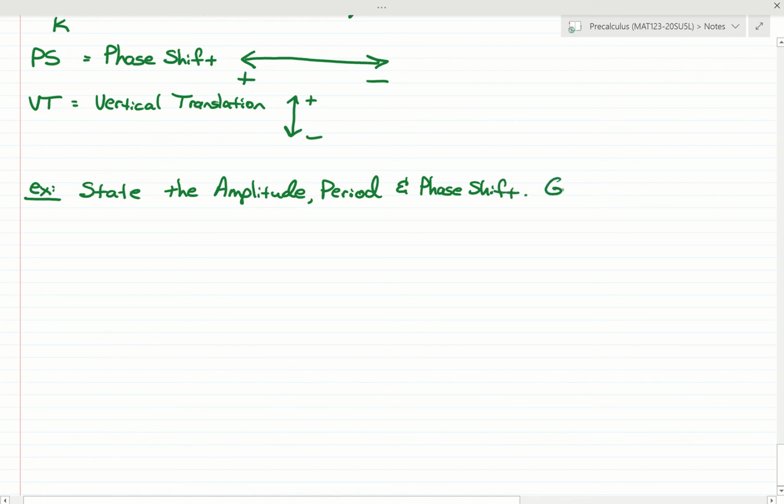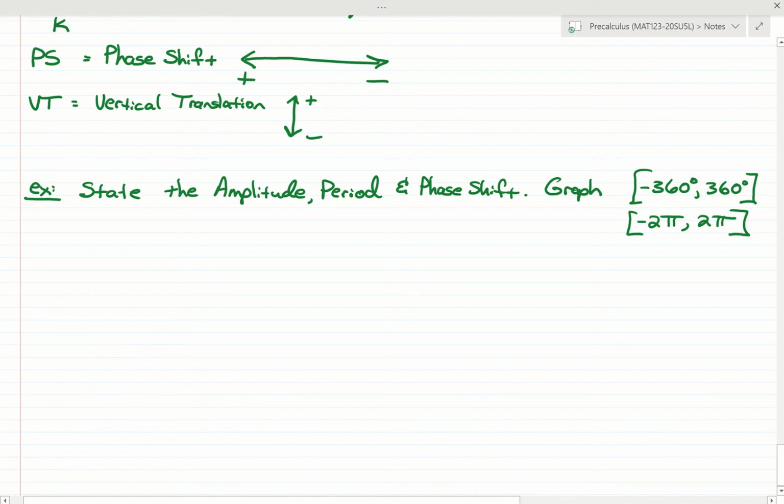And then we'll graph from, let's say, negative 360 to positive 360, or from negative 2 pi to 2 pi.